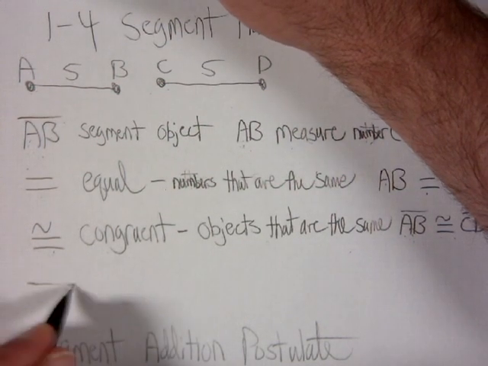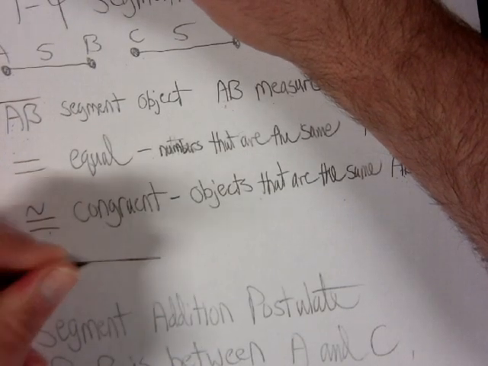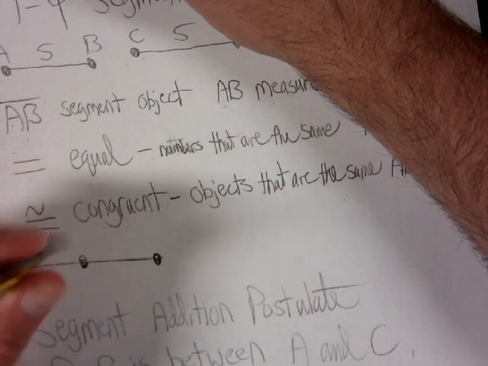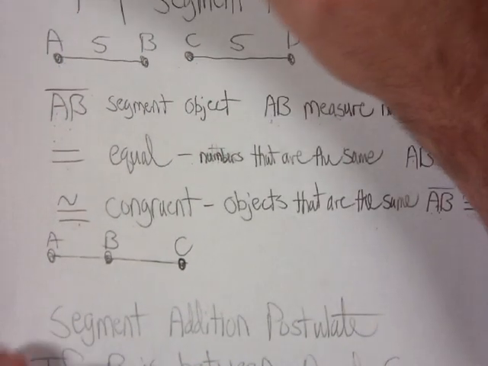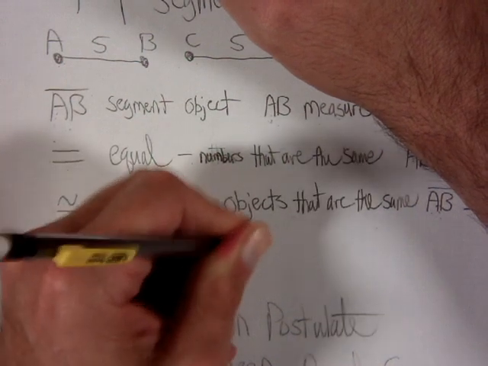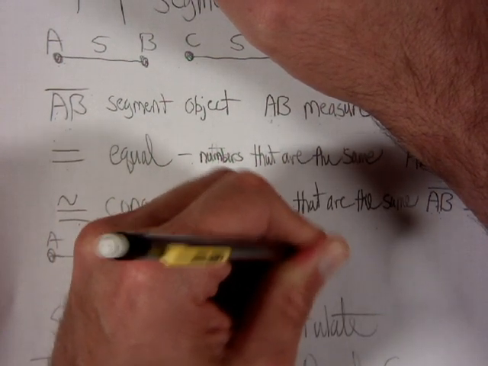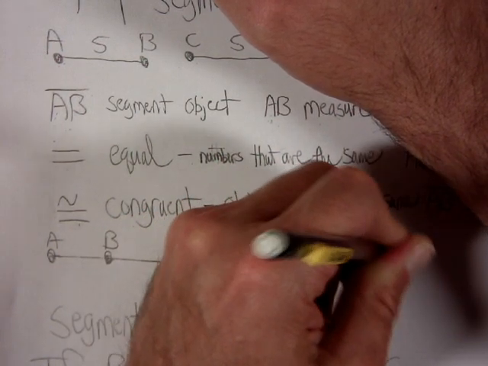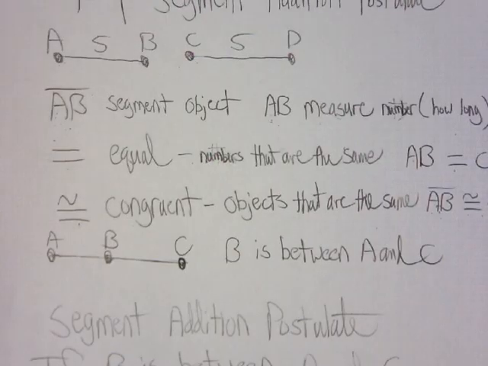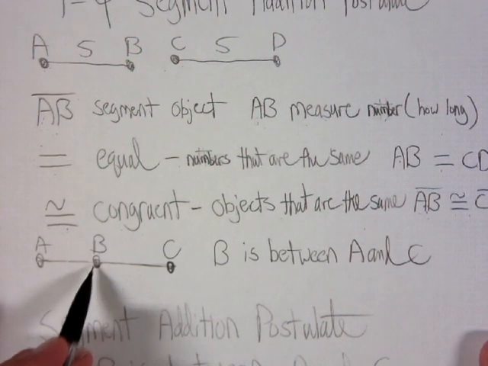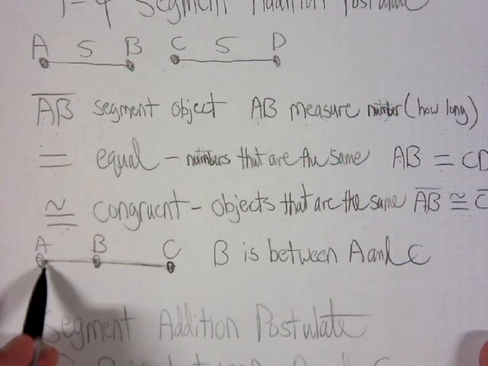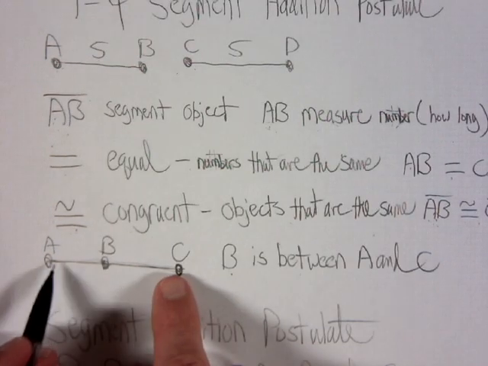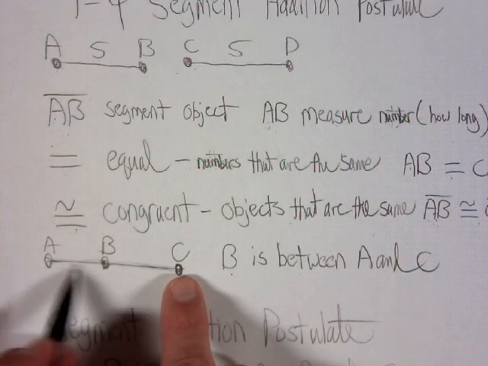Let's say I have a segment that's drawn like this, and I label this thing as A, B, and C. What we can now say about this segment is that point B is between A and C. If point B is anywhere on this segment, then point B is between A and C. So the definition of between is it's got to be a point that's on the segment somewhere within the endpoints.